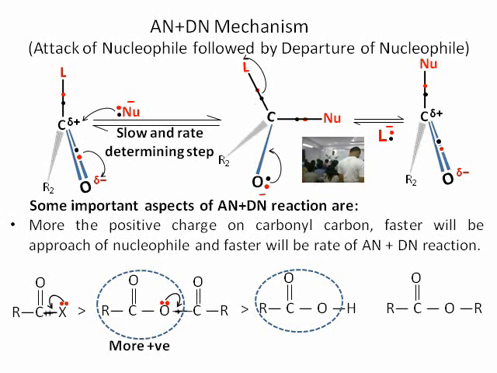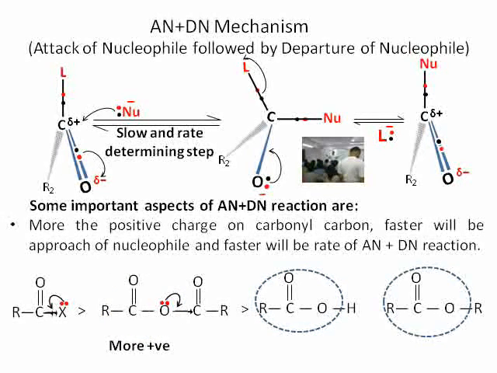If we compare carboxylic acid with ester, this is the common part. The difference is between H and R alkyl group. Alkyl group will be having positive inductive effect. So this positive inductive effect will decrease on the C double bond O part of the molecule.